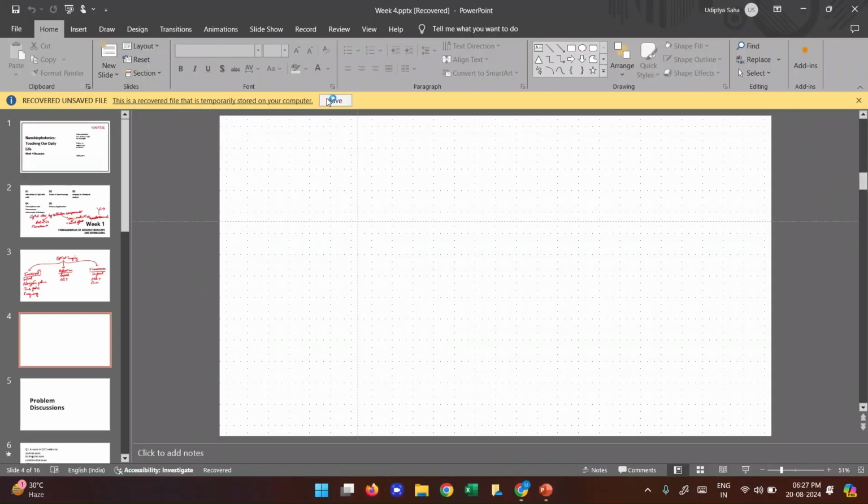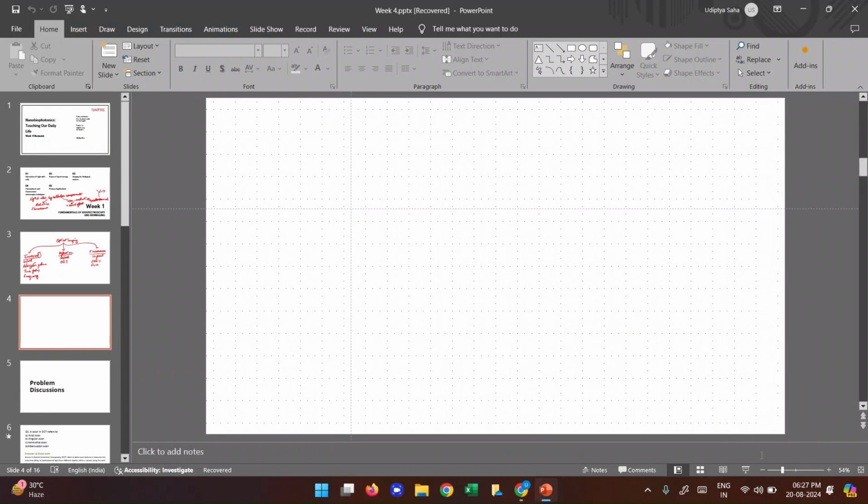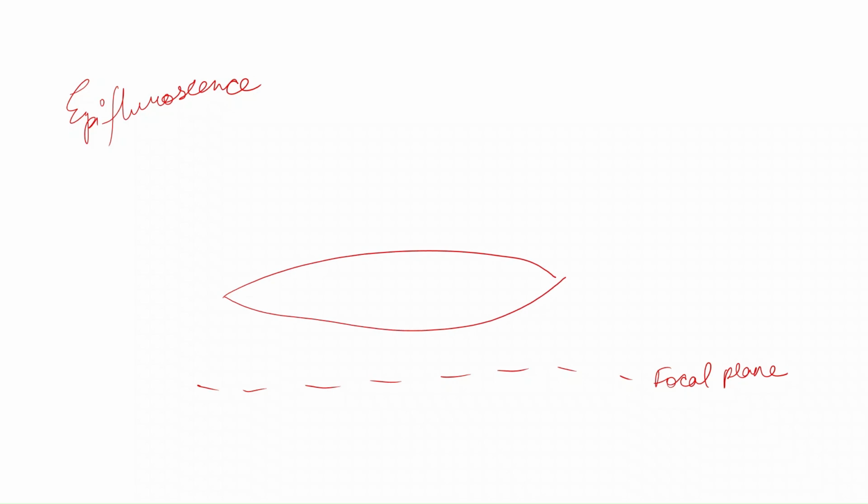To make it more understandable, if we talk about epifluorescence, and we consider this as the focal plane, we have an objective over it, and then we have a beam splitter.